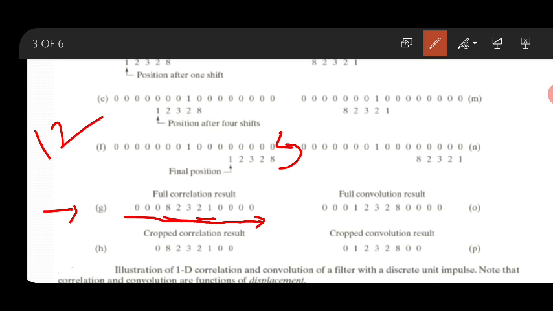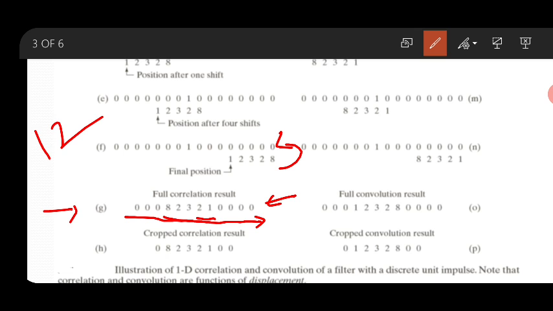If you perform the operation, you will get 0, 0, 0, 8, 2, 3, 2, 1 and 4 zeros, because of how you are shifting here. Whatever the earlier result was, you will get this answer.